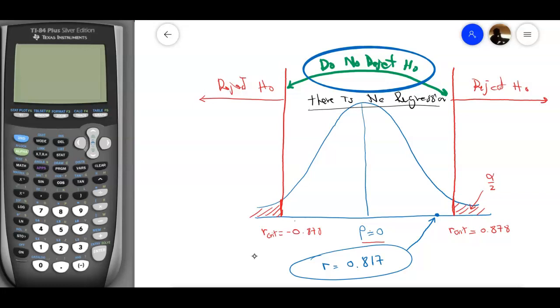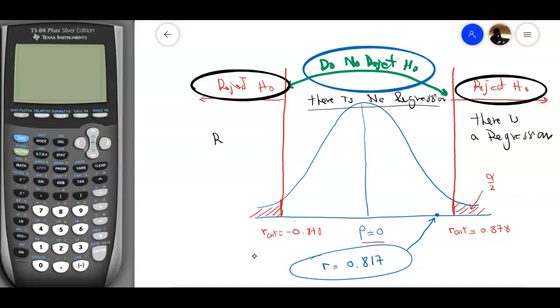If I fall into the rejection zone, this one or this one here, there is a regression. And the same thing here. What you want all the time, in order to start calculating, is to always fall into this zone over here.